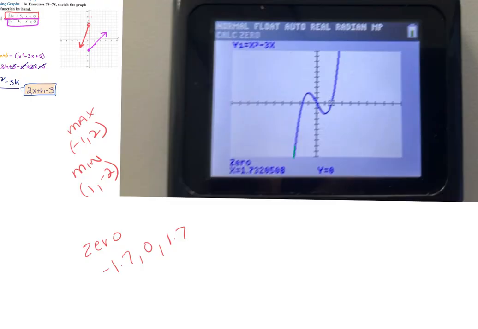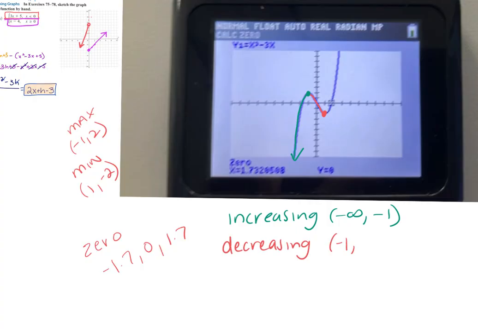So now if I want to do my increasing, decreasing behavior from -infinity up until that first x, which was -1, my graph is increasing. -infinity to -1, always get parentheses. Then it changes and it comes down, and so it's decreasing from that -1 to the next x, which was +1.